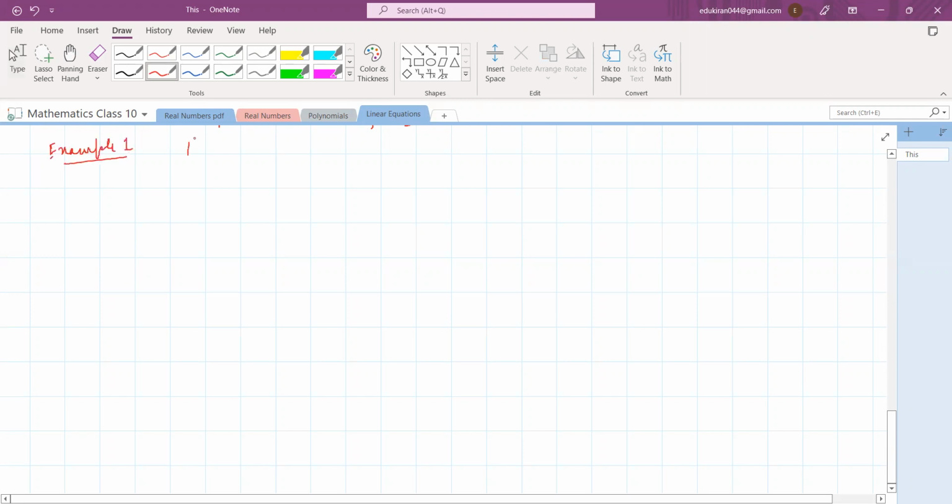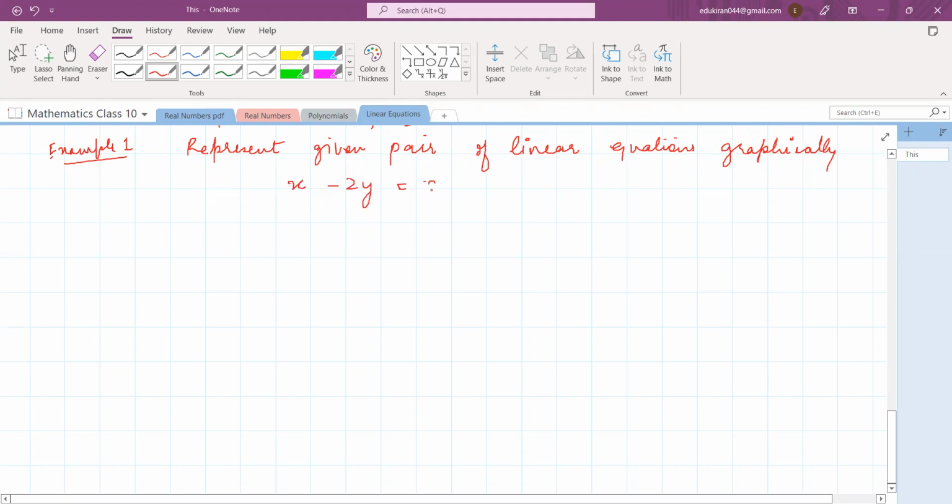It says: represent the given pair of linear equations graphically. The first equation is x minus 2y is equal to 0. And the second is 3x plus 4y is equal to 20.